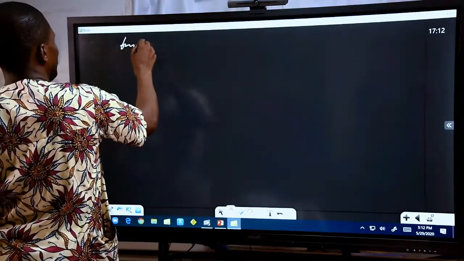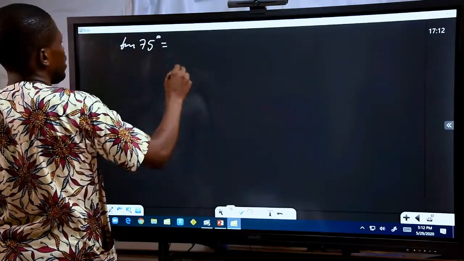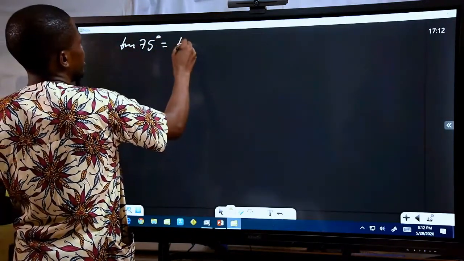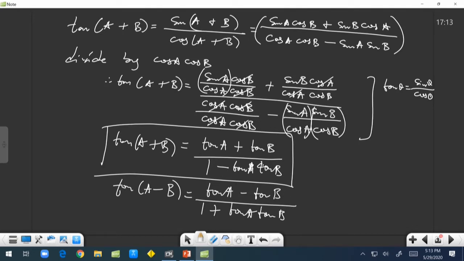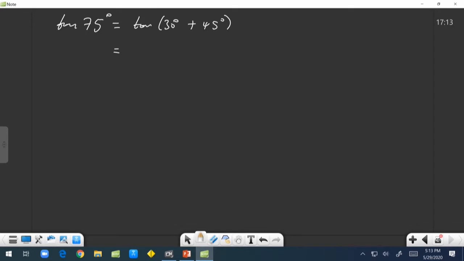We have tan 75 degrees. Tan 75 degrees, we have it as tan of 30 degrees plus 45 degrees. So if you want to solve tan of 30 degrees plus 45 degrees, using the equation that is just established, we go back and see how we solve that.